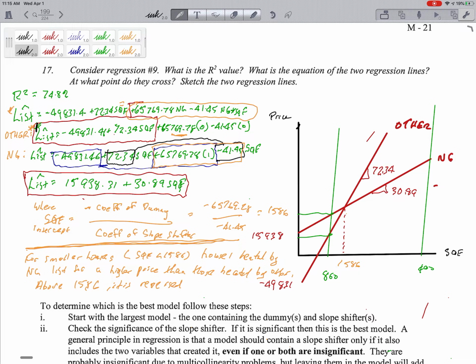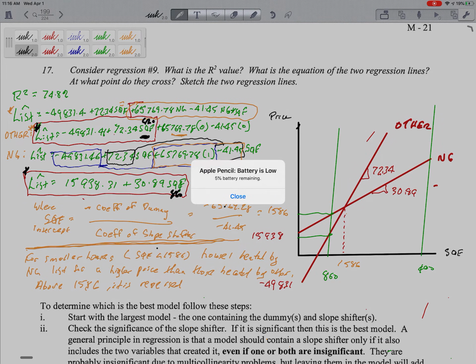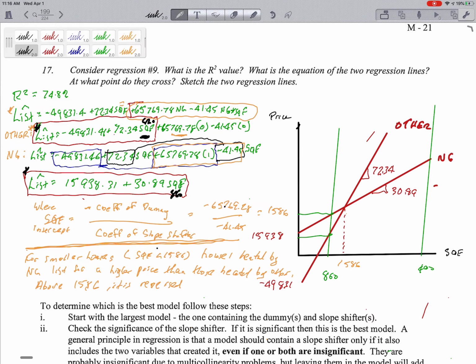Right up here. So put in 860 right there, 860, and then put in 860 here for this guy, and figure out what your listing price is. I haven't done that calculation, but you can easily do that.